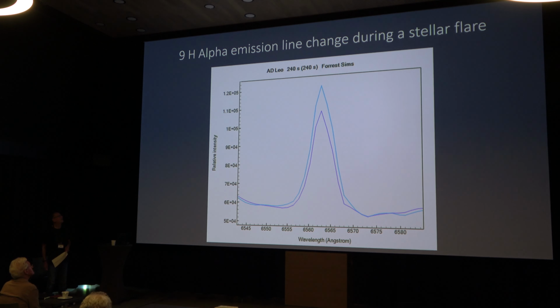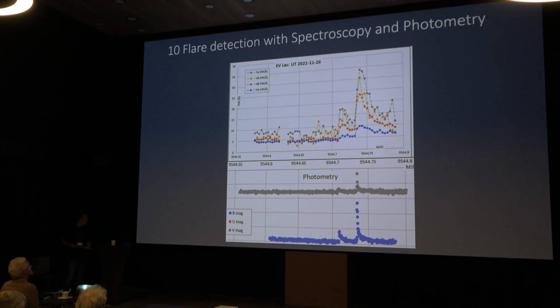So if you take two spectra apart and combine them and you see that, there's a pretty good chance that you've got a flare event. Flare detection with spectroscopy and photometry.